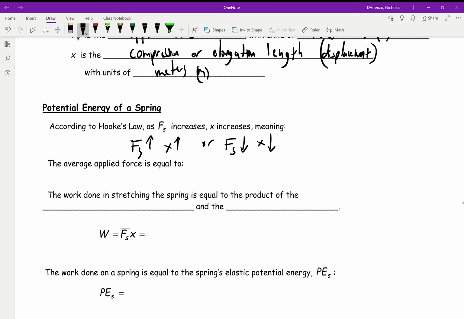So if we take the average applied force on a spring, F_s bar, it's going to be equal to 1/2 kx, where kx would be the maximum force applied to the spring.